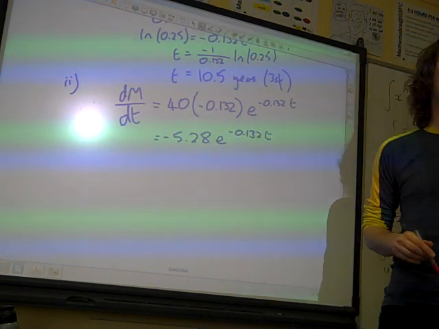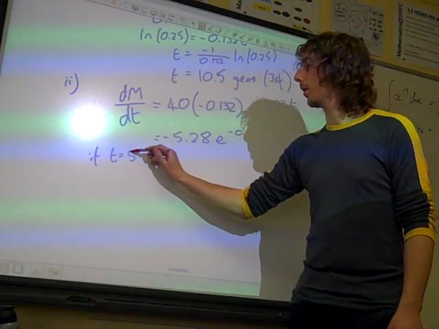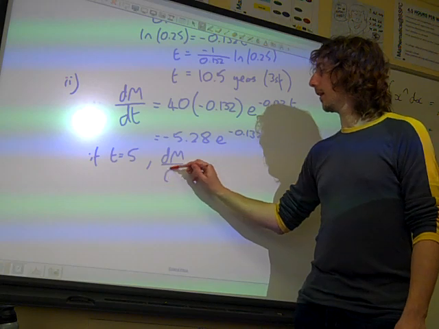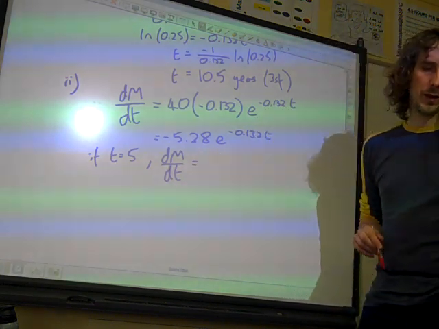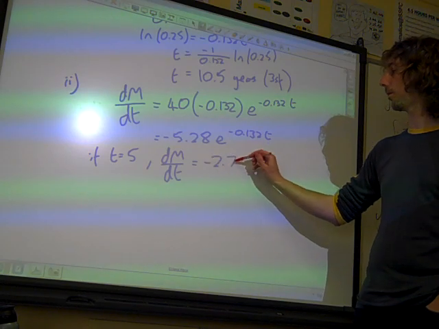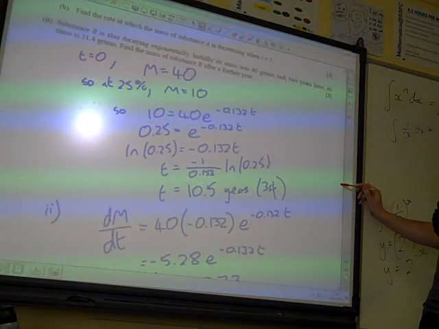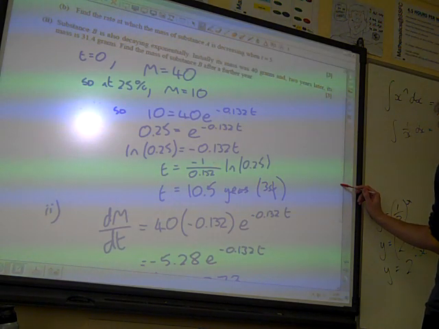And so all we're doing here is subbing in t equals 5 and getting a value for this as being minus 2.73. And hang on, what did the question say? Find the rate at which the mass of the substance is decreasing.